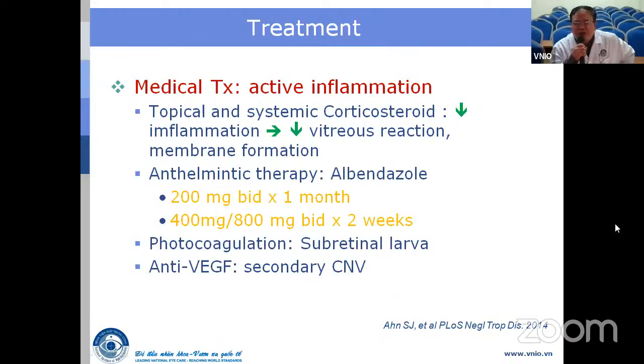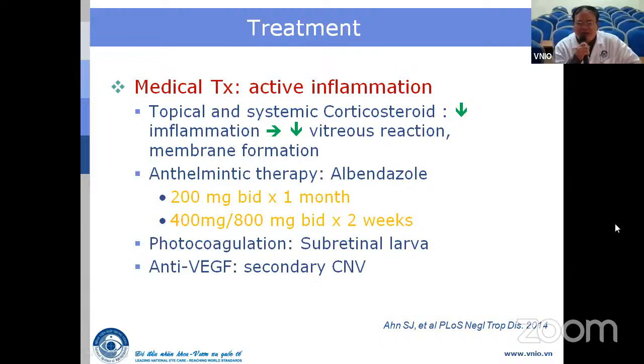So this month so far we do the medical treatment in the active inflammation phase. We apply topical and systemic corticosteroid to reduce the vitreous reaction, to limit the membrane formation.